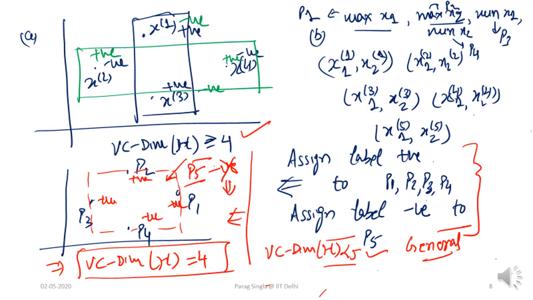The adversary wins in showing that the VC dimension is less than d plus 1 if they can prove that there is no set of d plus 1 points which can be shattered.